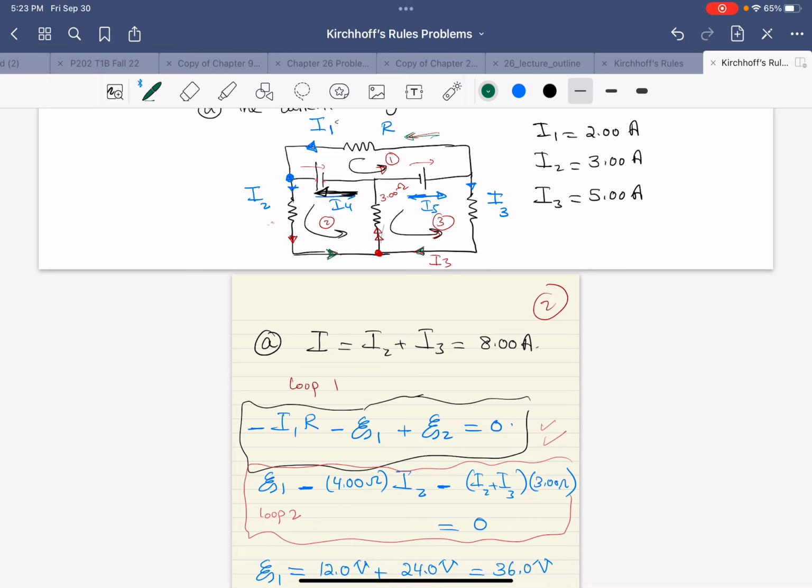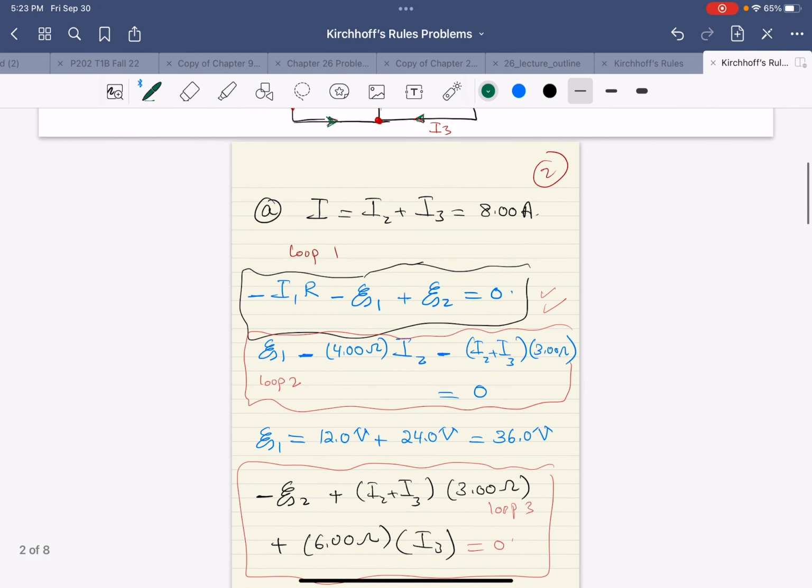This is the potential difference across R. And then I'm going to go here and continue around my loop. I am going from positive to negative for a battery, so it's negative EMF1. For this one, I am going from negative to positive, therefore this is plus EMF2, and all of this equals 0.